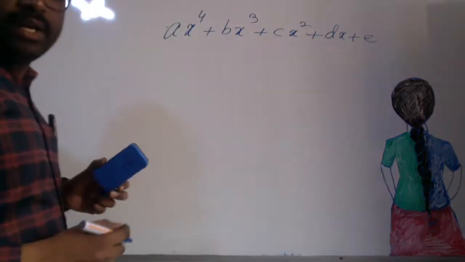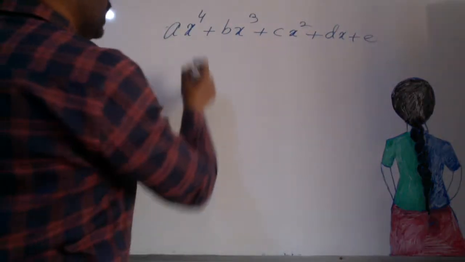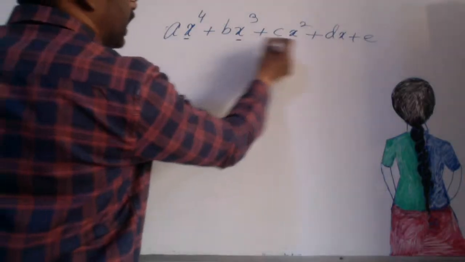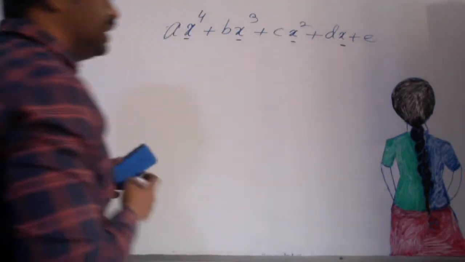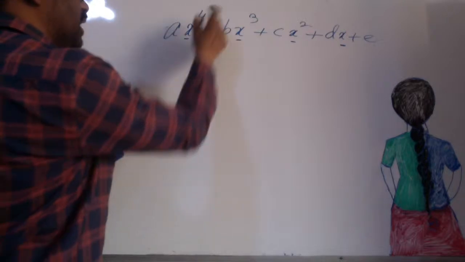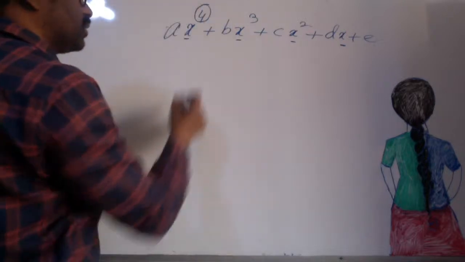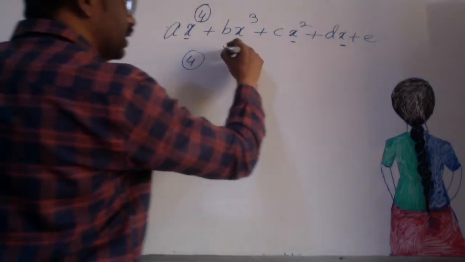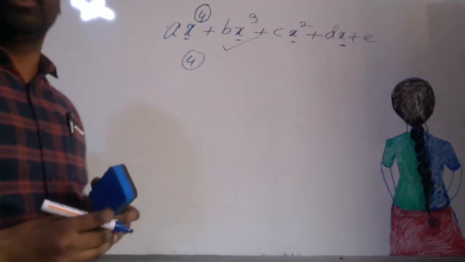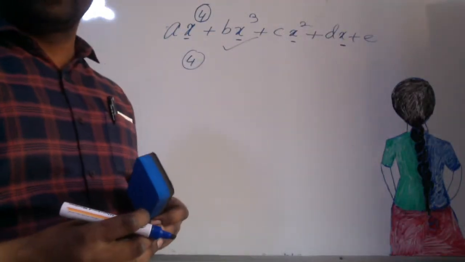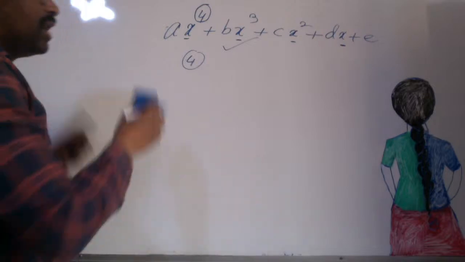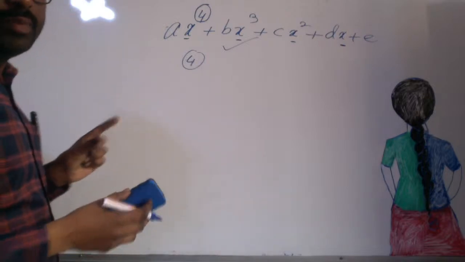It is one polynomial, right? It has only one variable x. It is a polynomial in x. So the highest power of the variable is 4. So 4 is the degree of the entire polynomial. Okay. I hope you got the degree of the polynomial.